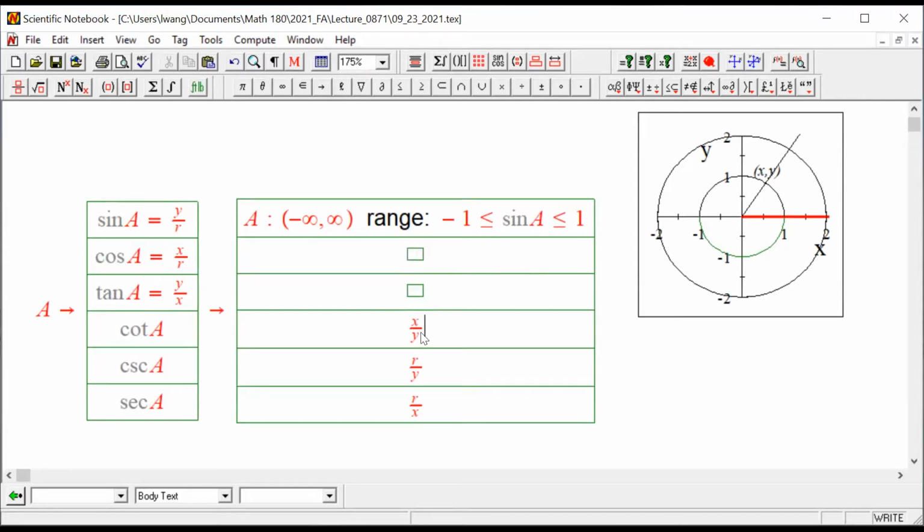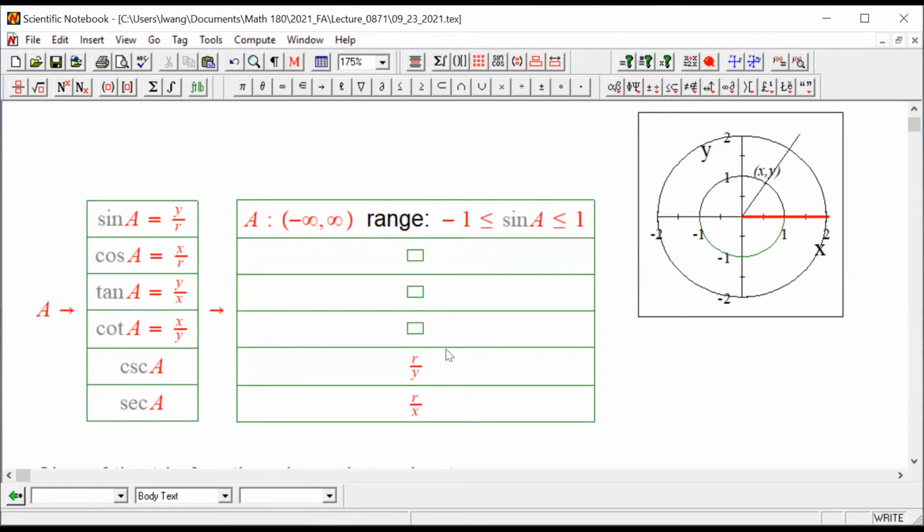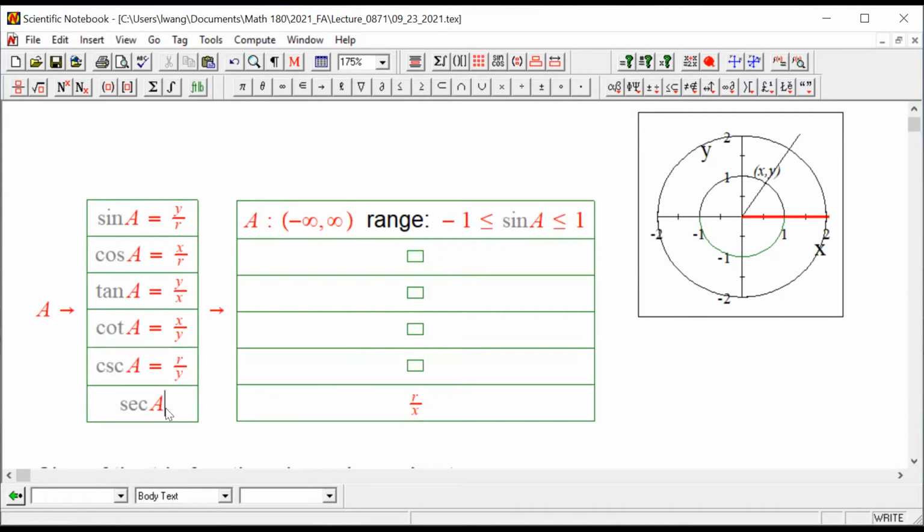It doesn't matter whether you use degrees or radians at this point. We will eventually get you to use radians, but at this point, it doesn't make any difference. You can use degrees or you can use radians.